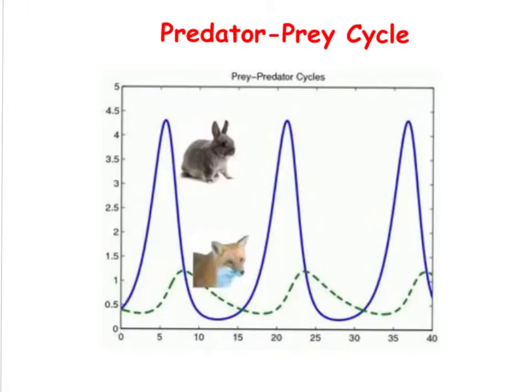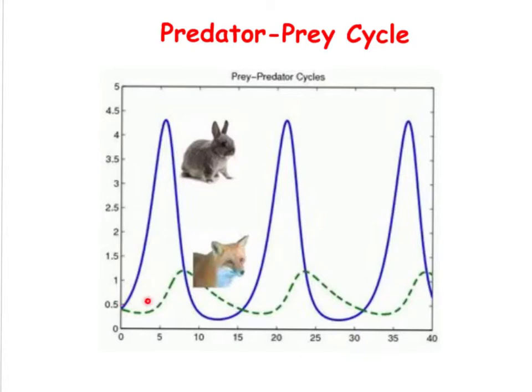Another example of this would be the predator-prey cycle. We have this boom and bust of the prey, the rabbit in this case, but predators that rely on their prey for their resources, their population cycle will be greatly affected as well.